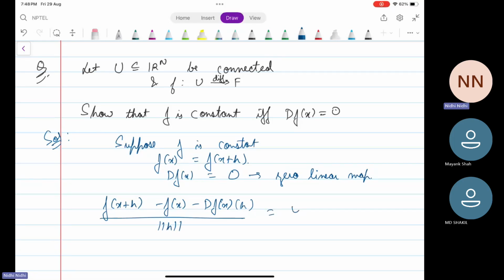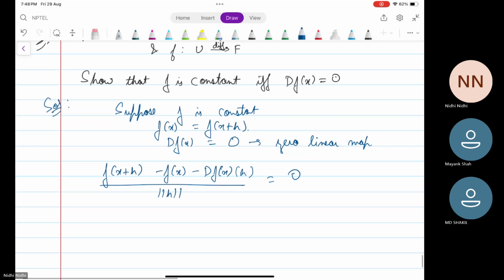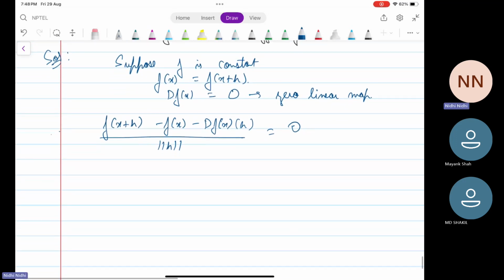This will eventually be equal to 0. So then we can apply the limit as well. This implies dfx is 0.